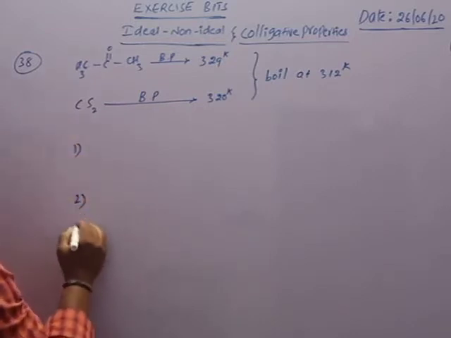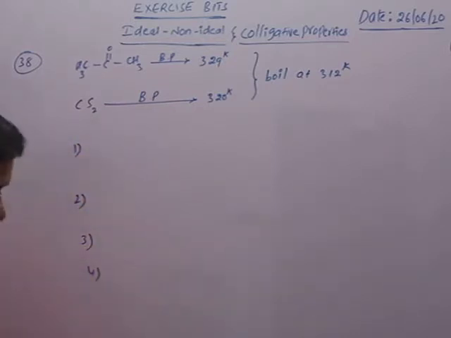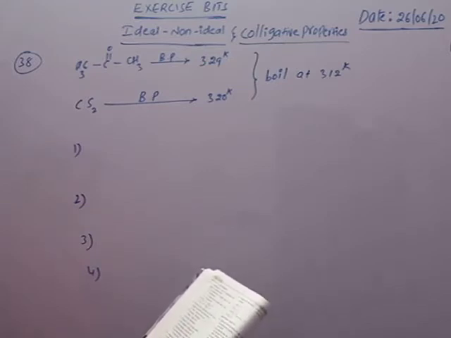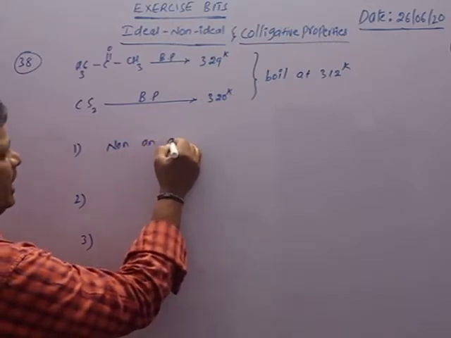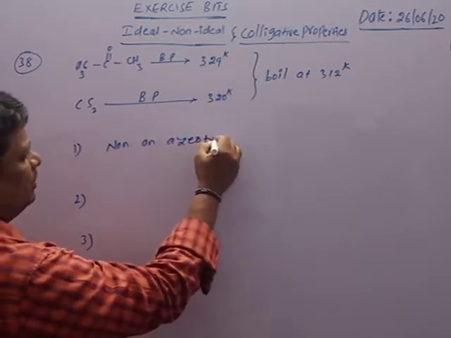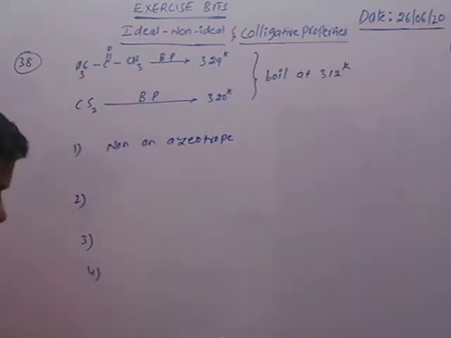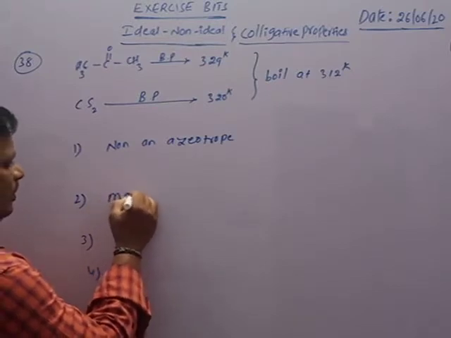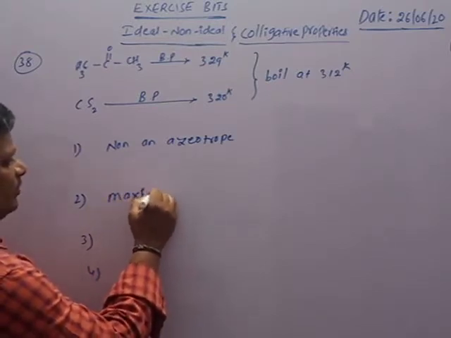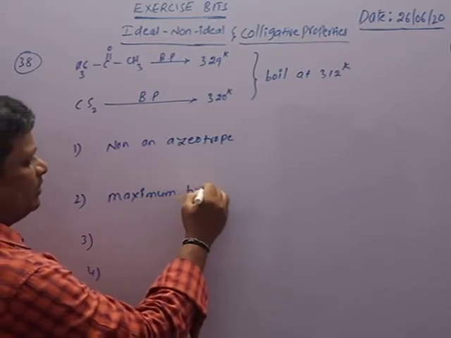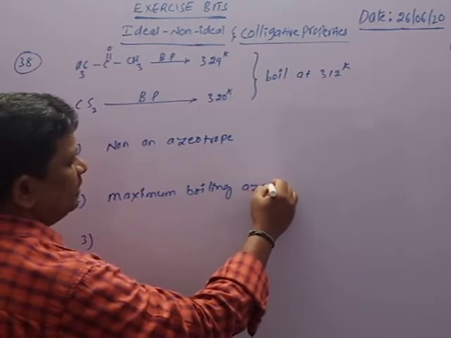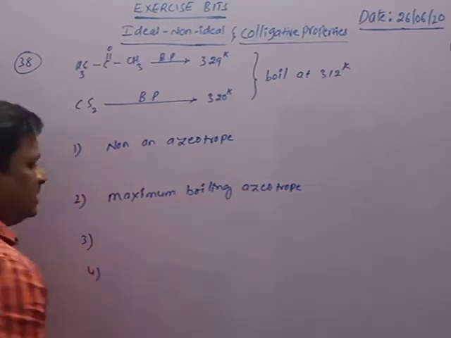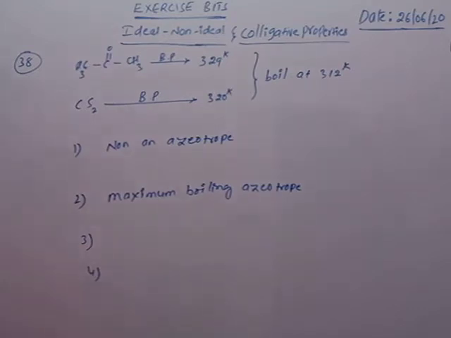Then we have the first option, second option, third option, fourth option. The first option is not an azeotropic mixture. The second is maximum boiling azeotrope. The third one is minimum boiling azeotrope.